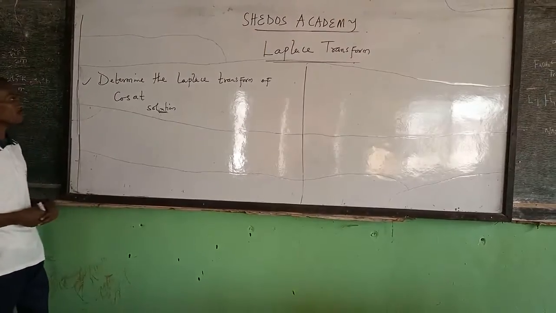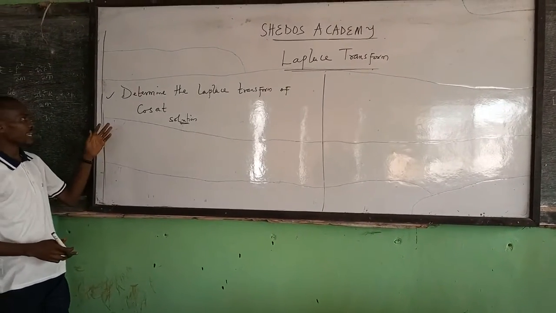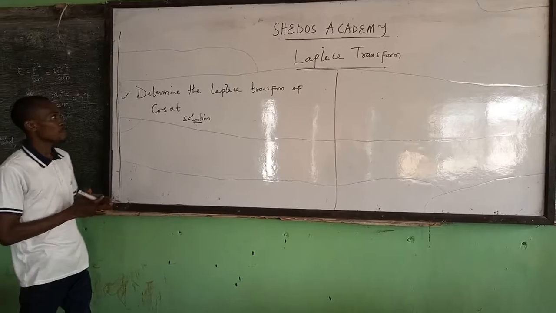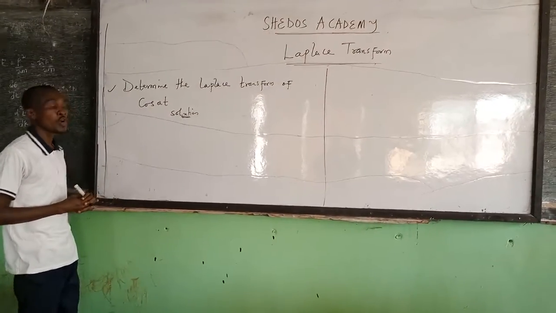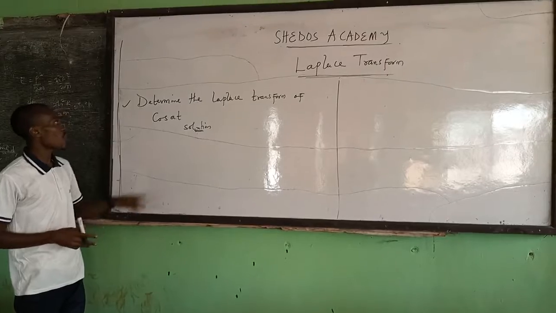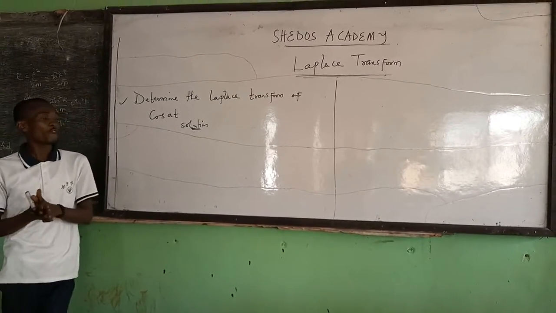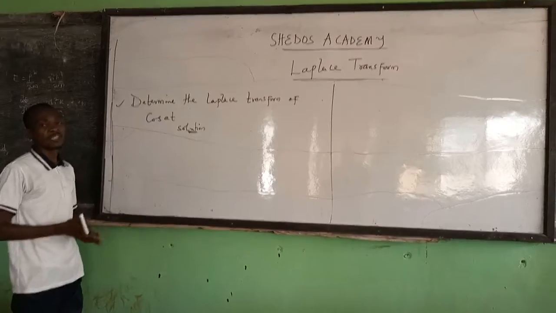Okay, so we are quickly going to take a particular example to understand how to make use of the Laplace transform integral. The question is, determine the Laplace transform of the function cos at.